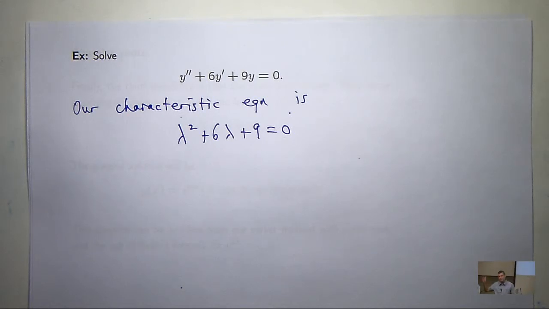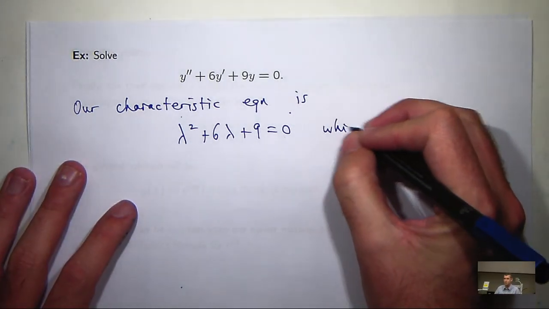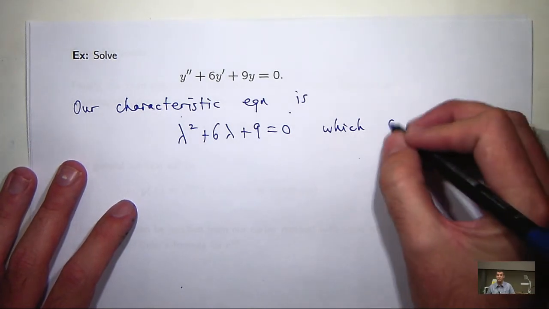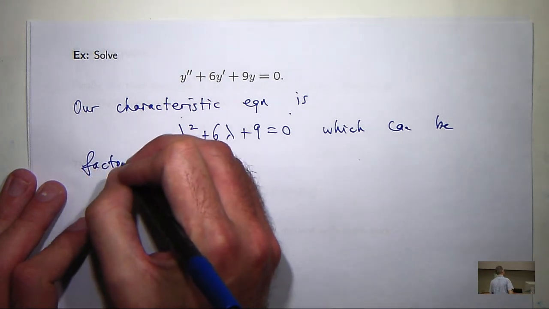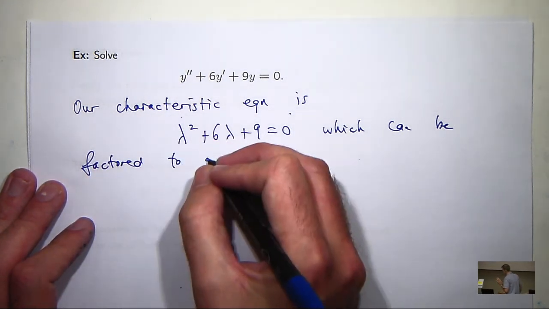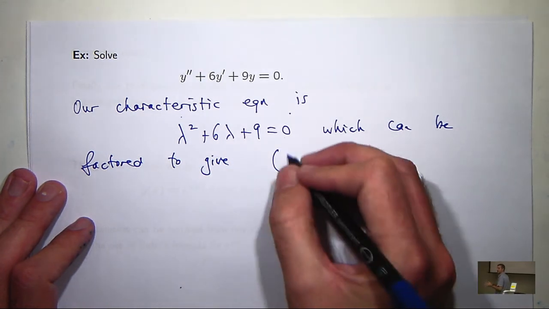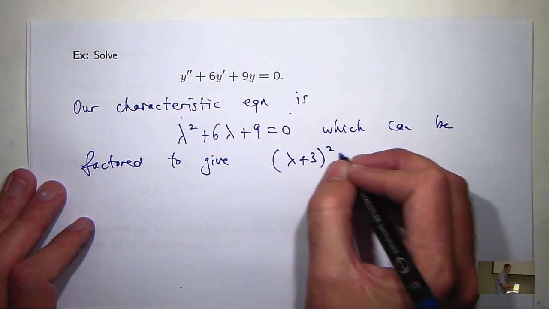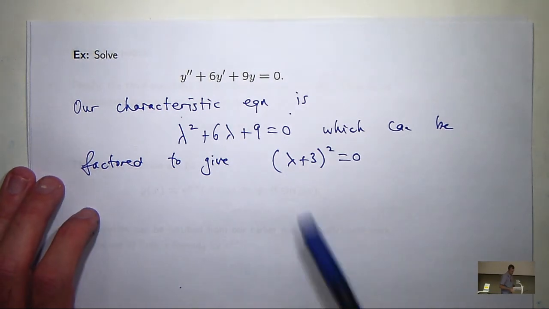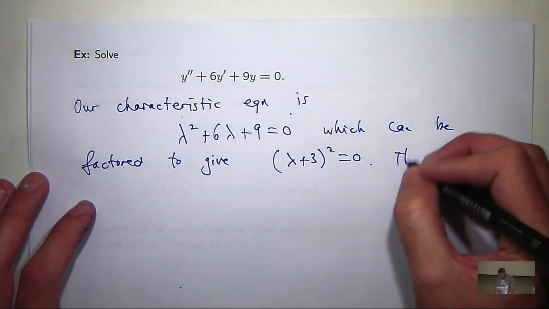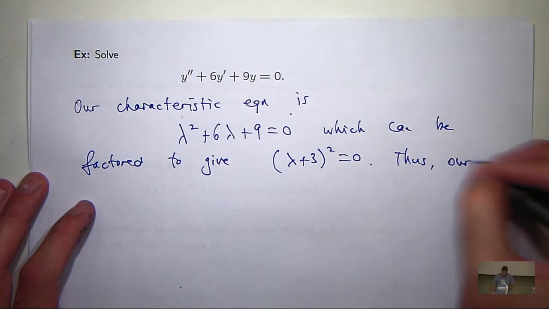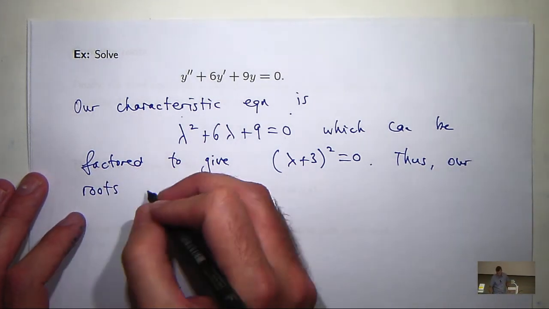So here we're going to get minus 3 and minus 3. So as such, we're still using exponentials, but we need a factor of the independent variable, x.